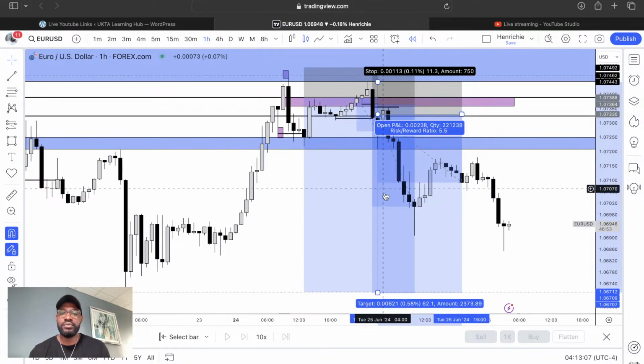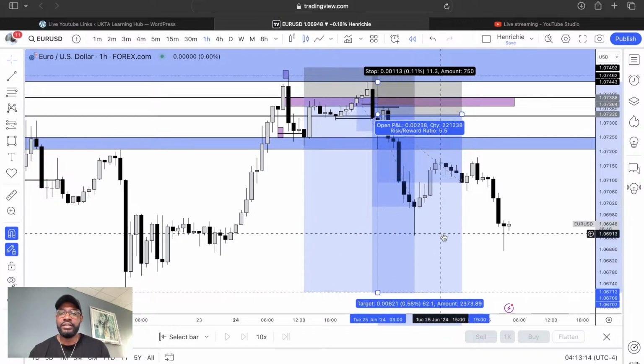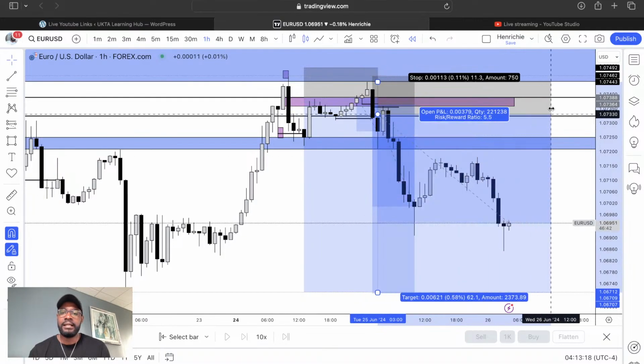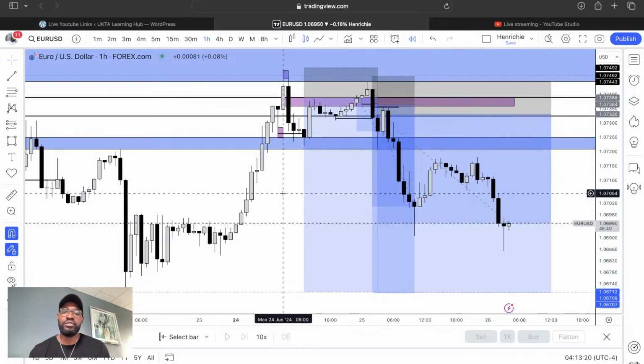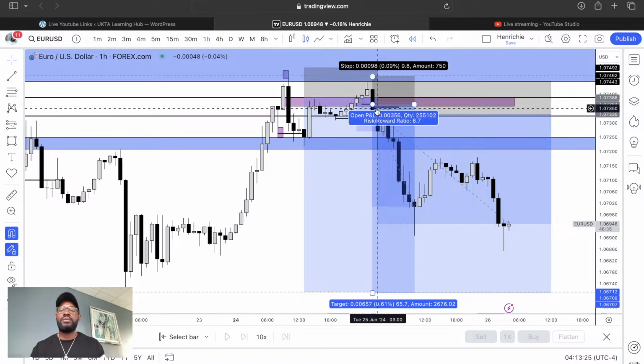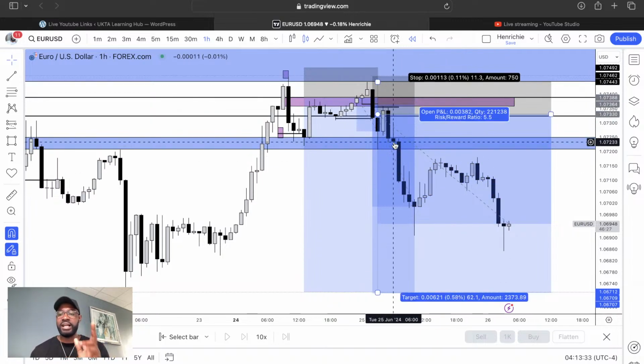Second entry 1 is to 6.7, which is around 13%, and then third entry 1 is to 5.5, which is about 18% in total. Risking 3% to make 18%. So whatever we're risking, we're anticipating to make 6 times more than what we're risking on the trade. So it would have been a phenomenal trade if we had gotten into the trade.